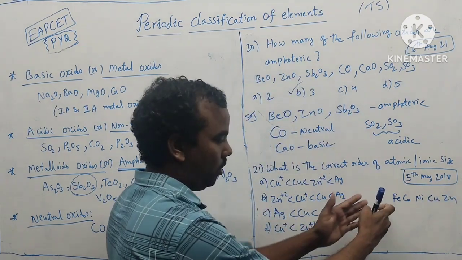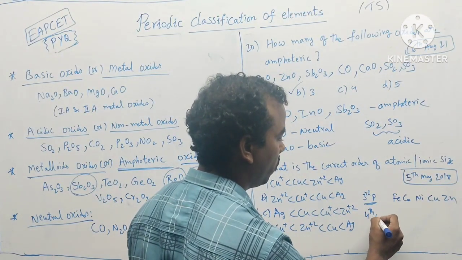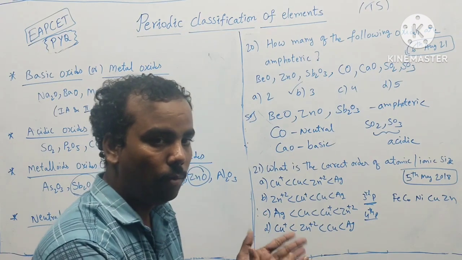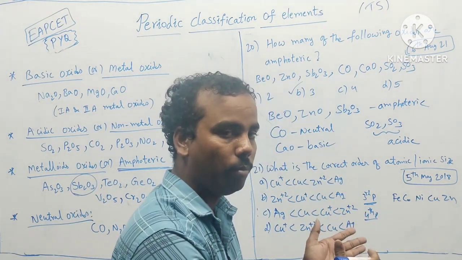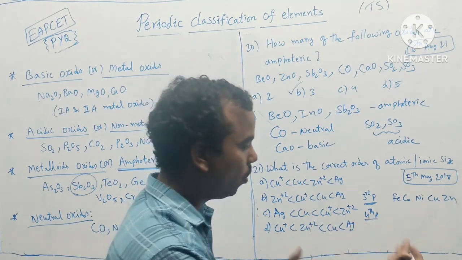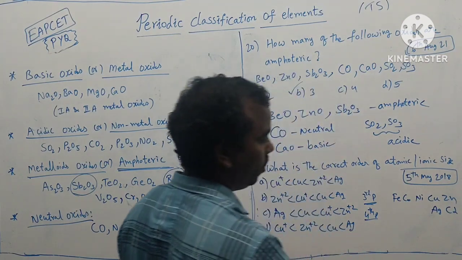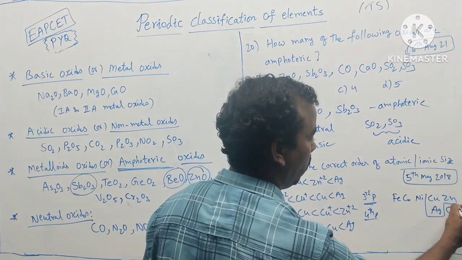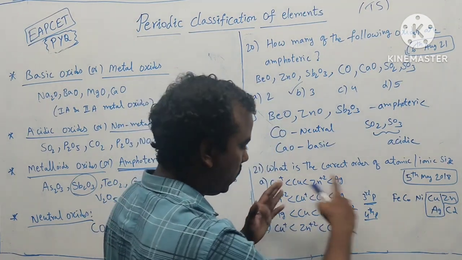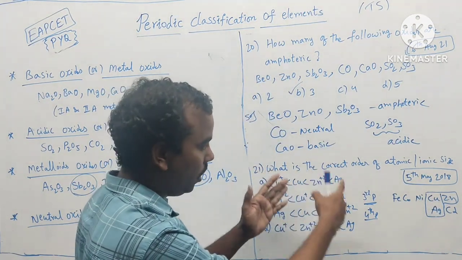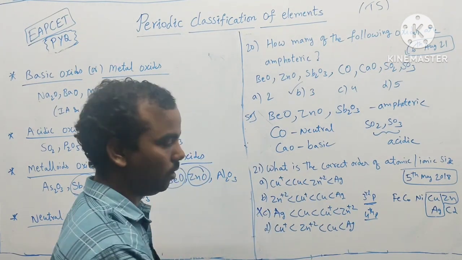Next, the fifth period d-block elements: yttrium, zirconium, niobium, molybdenum, technetium, ruthenium, rhodium, palladium, silver, cadmium. If you observe copper, silver and zinc, top to bottom size increases. So the highest ionic or atomic size is silver. So you eliminate option C.